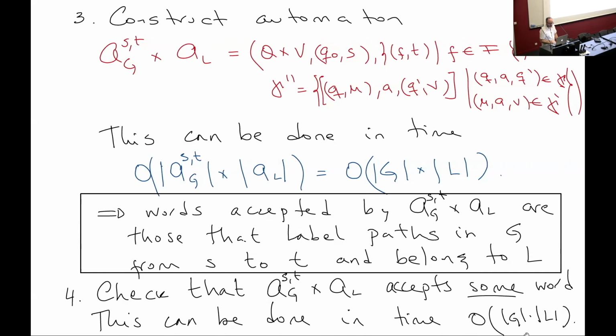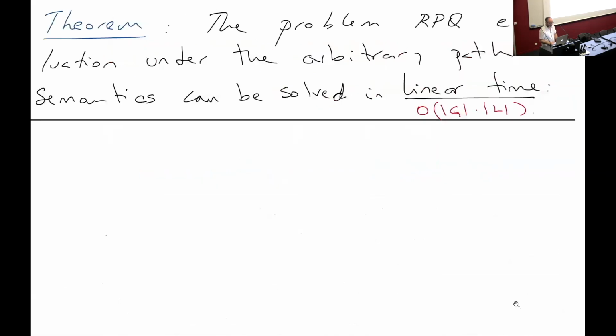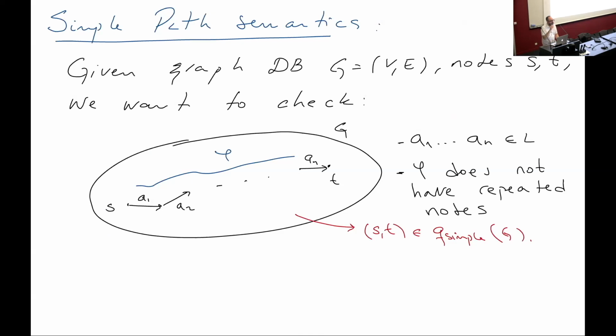This we can do in linear time. And then the problem of RPQ evaluation or 2-RPQ evaluation under the arbitrary path semantics can be solved in linear time. I don't know if there are questions until there. Yes.